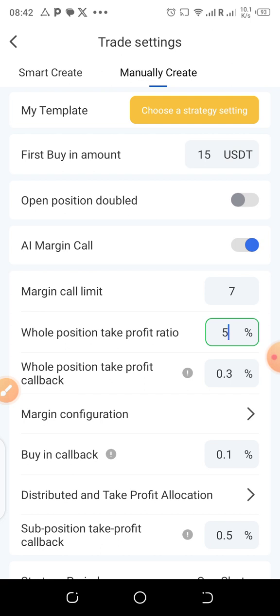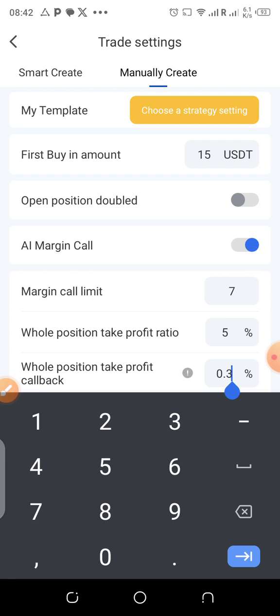Now we go here. Whole position take profit callback. So what does this mean? You can leave it at 0.3. If not, you can put it at 0.1.